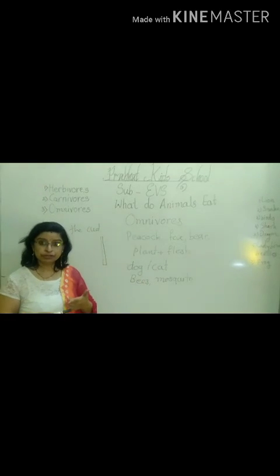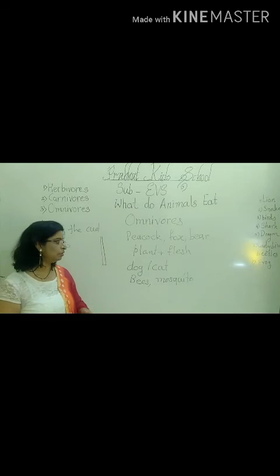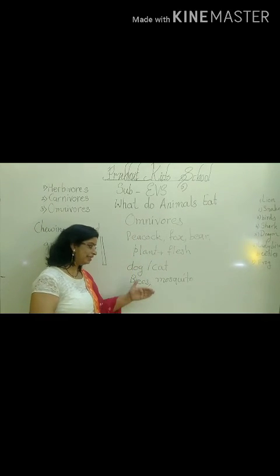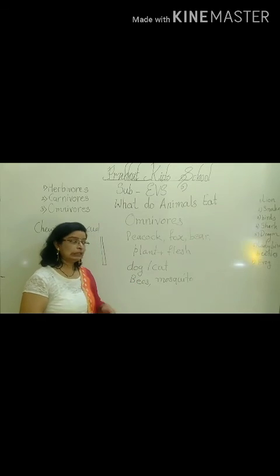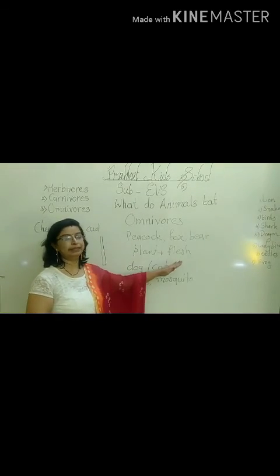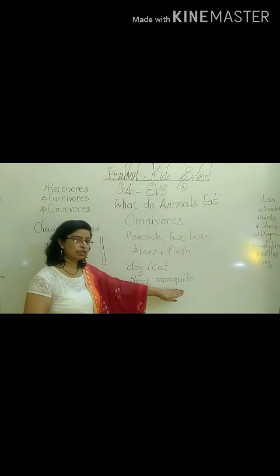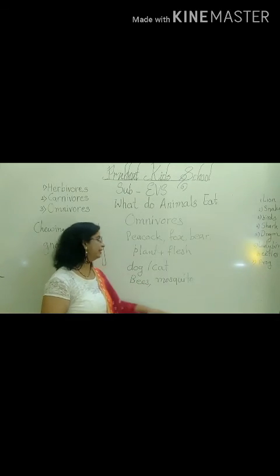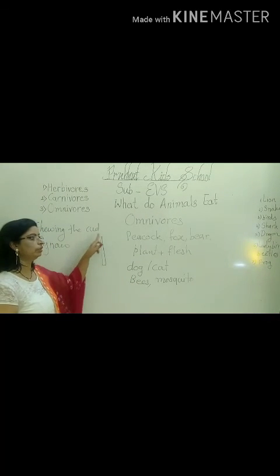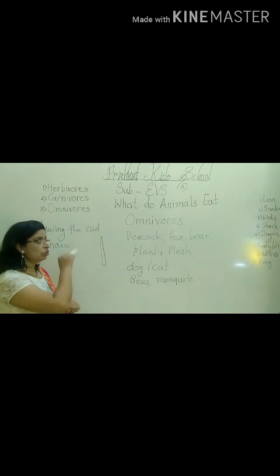Omnivorous animals eat both plants as well as the flesh of other animals, such as peacock, fox, bear, some insects also. Then dog and cat lap up the liquid, and bees, mosquitoes and butterflies have the thin tube attached to their mouth. With the help of this tube, they suck their food. So this is all.